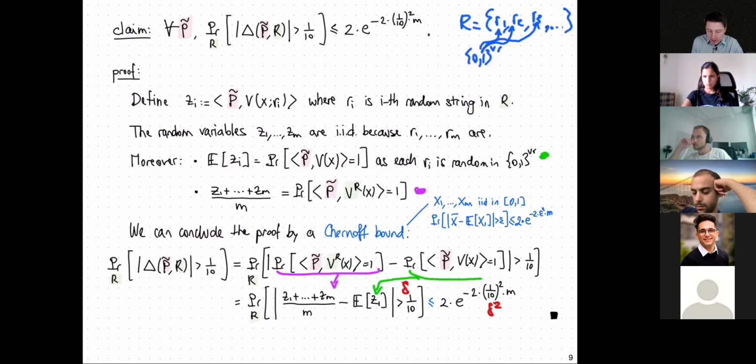So that is what this is, right? One run of p tilde against the full verifier is the verifier where it receives one random string from the full set. But every member of the set capital R is such a thing, okay? So that's why you have this expectation.